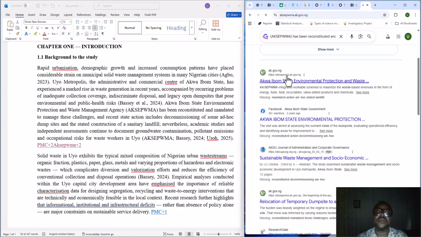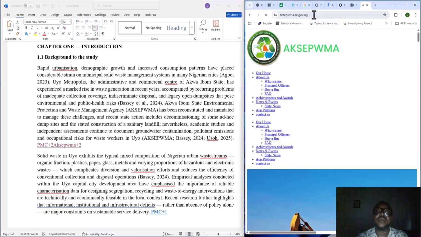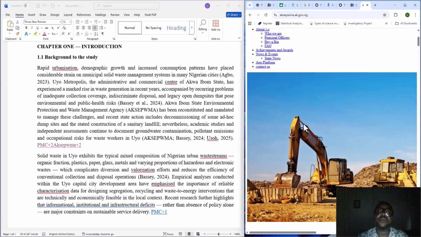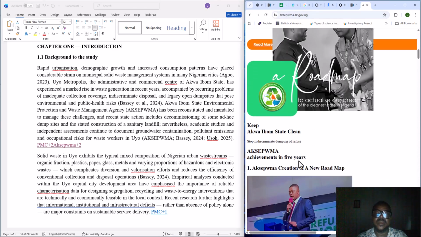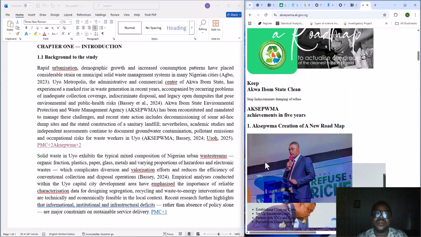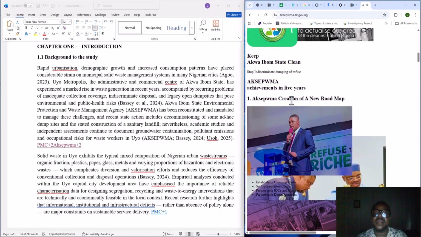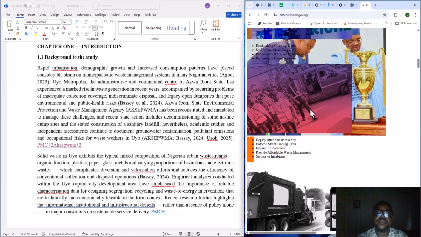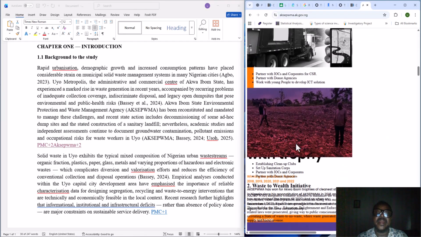That's the source that we are looking for. That is the source. ACSEP-WAMA was established, and so on. Okay, so we are reading to see. Okay, this is a new roadmap that was created.